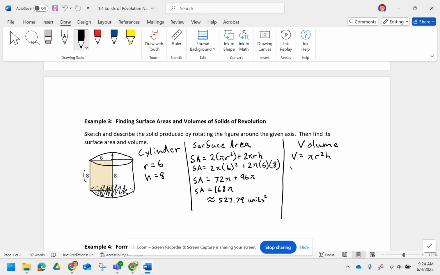So there's our equation for the volume of a cylinder. So we're going to have pi times 6 squared times 8. All right, so the volume is going to be about 288 pi, which is going to be approximately 904.78 units. Now this is volume. It takes place in three dimensions, so it's cubed.